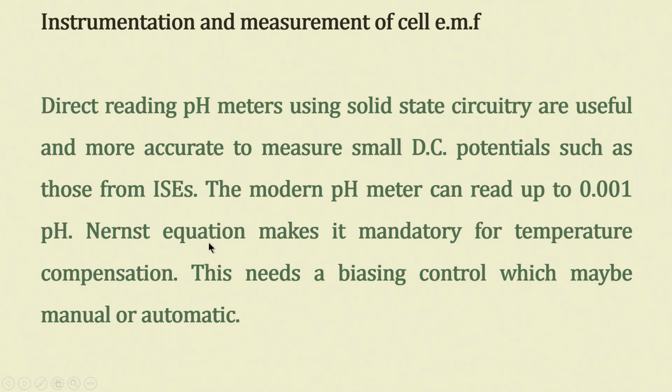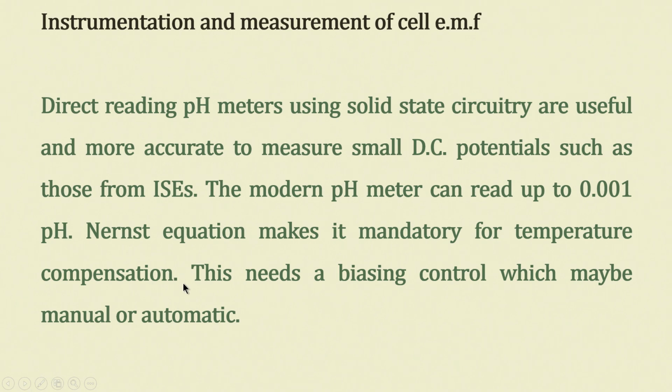So, temperature has got a direct effect on the quality of the pH determination, accuracy of pH determination. So, whatever temperature we measure, we need to compensate for the temperature difference from the normal measurement systems.